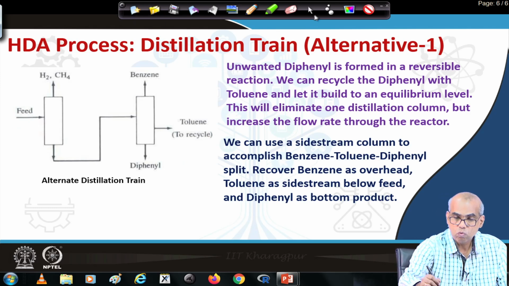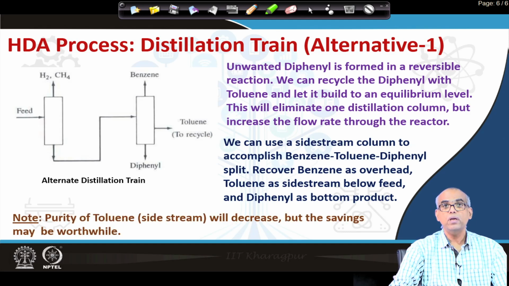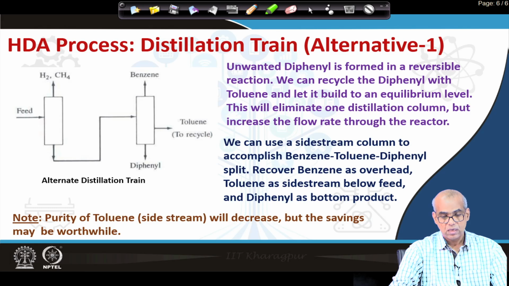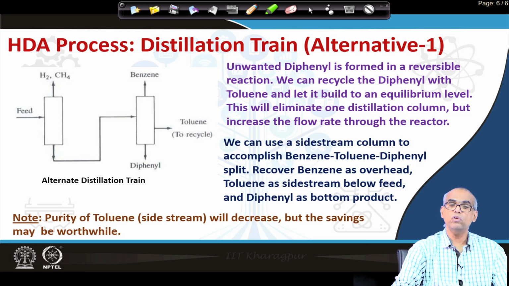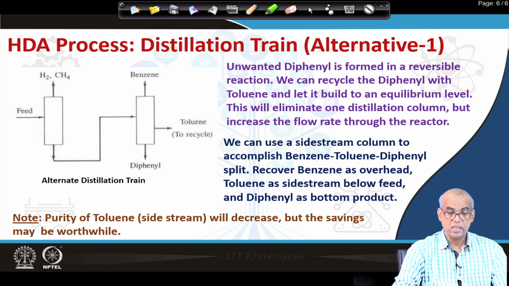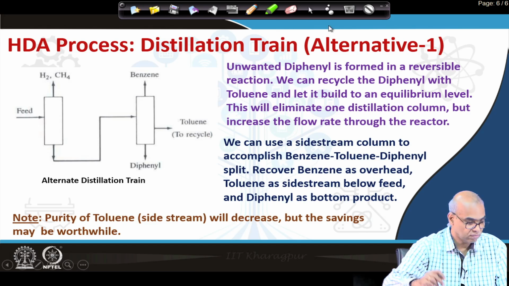So, this is one possible alternative. If we follow this, the purity of toluene of course will decrease because it is not being withdrawn as a top product, but is being withdrawn as a side product. So, the purity of the toluene will decrease, but the savings may be worthwhile and we can actually consider this.